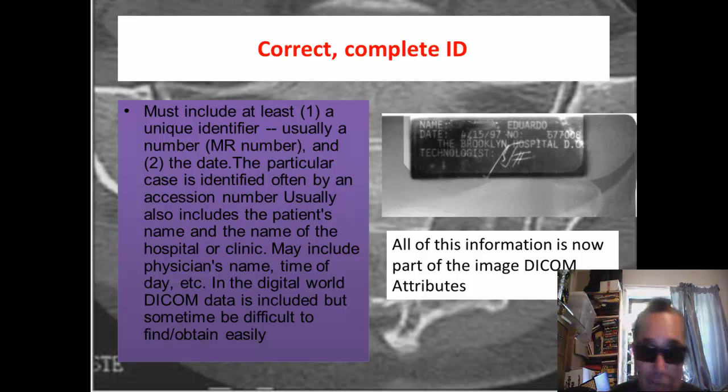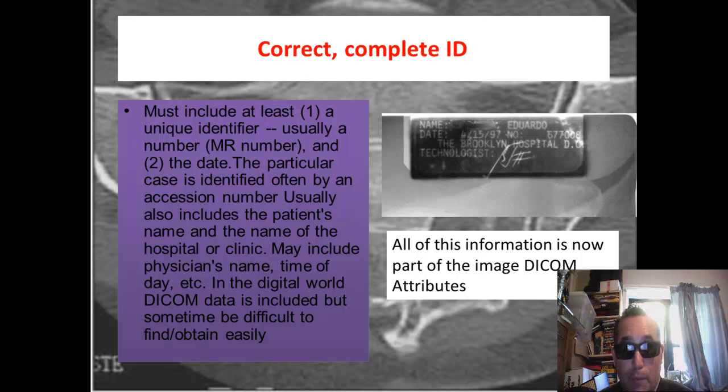And speaking of data set, there are many data points or fields of information that are now associated with digital images. This is all part of what's known as DICOM, D-I-C-O-M, data. Sometimes this information is not so easy to find.